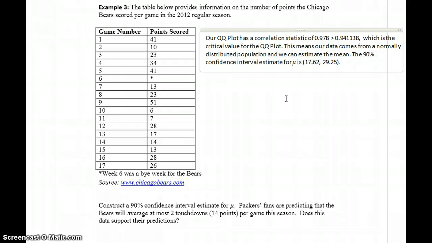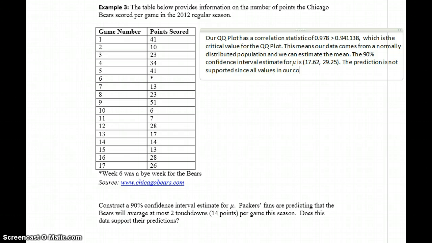So Packers fans are predicting that the Bears will average at most 2 touchdowns per game this season. Does this data support their predictions? So the prediction is not supported since all values in our confidence interval are greater than 14.